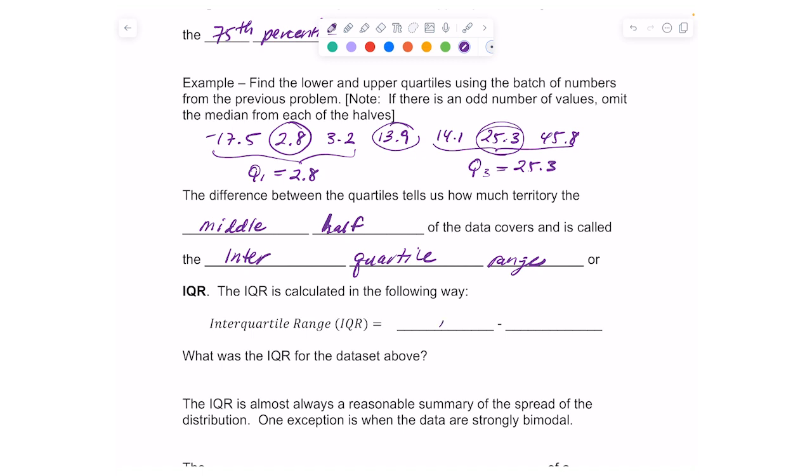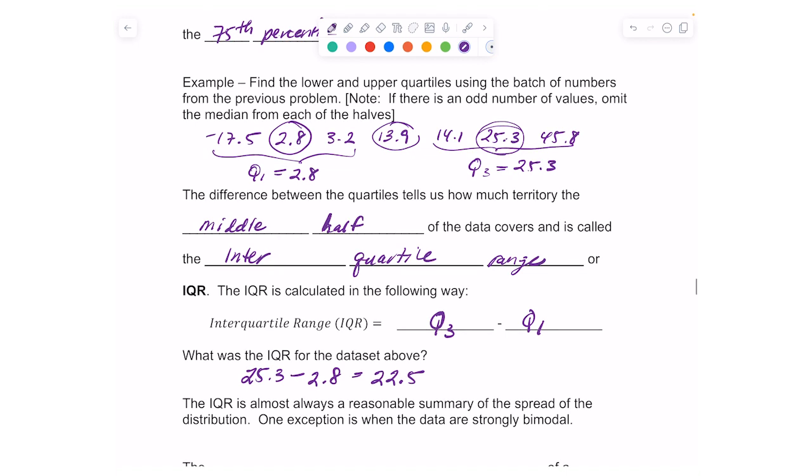So all we're going to do is just subtract. We're going to take our Q3 value and subtract our Q1 value. So if I wanted to find the IQR for the data set above, I know my Q3 is 25.3 and my Q1 is 2.8. And if I subtract those, I would get 22.5. So that's my IQR.